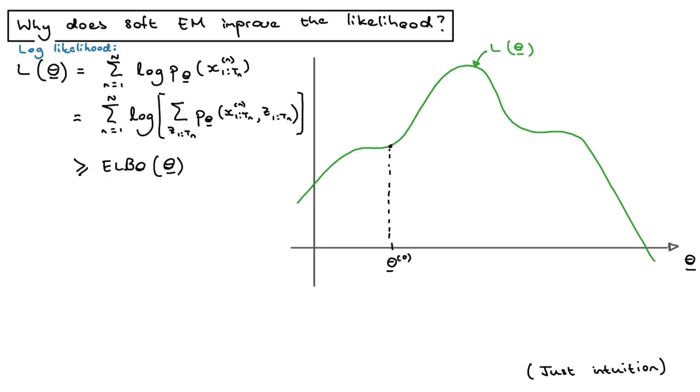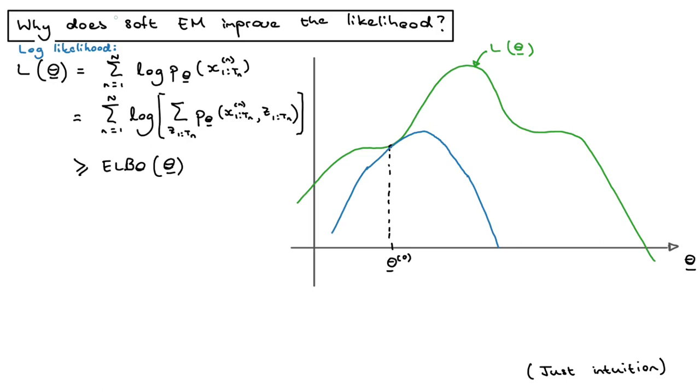So my lower bound could look something like this. And when I say it's tight, I mean that the lower bound at the point is on the log likelihood curve. Not everywhere else, but at this current guess for my parameters. So that's what happens in the E step: I update my lower bound so that it runs and it's tight at that point.